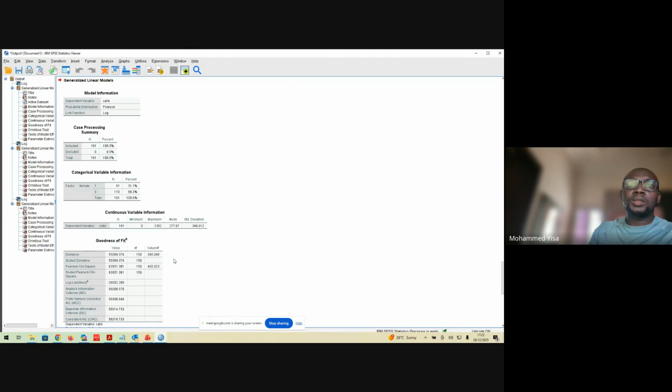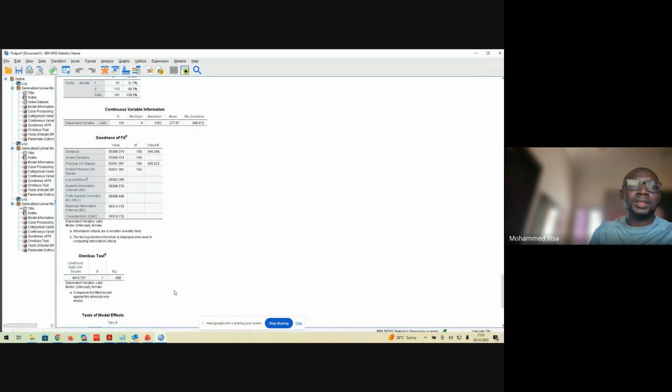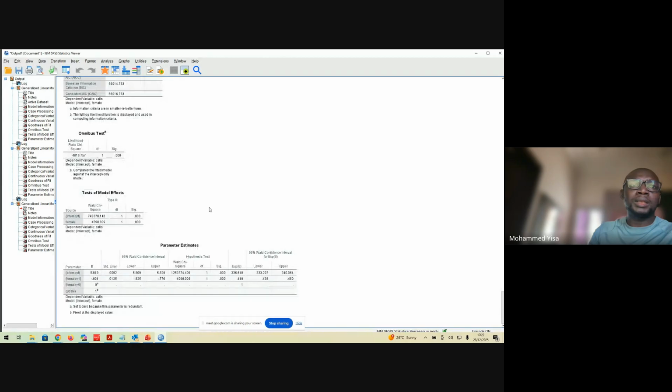So we select OK, and then now I think this is our generalized linear model. Everything else that we have said stands. Then when we come to our goodness of fit, we can see the value over degree of freedom is still way out of range, very much different from 1.